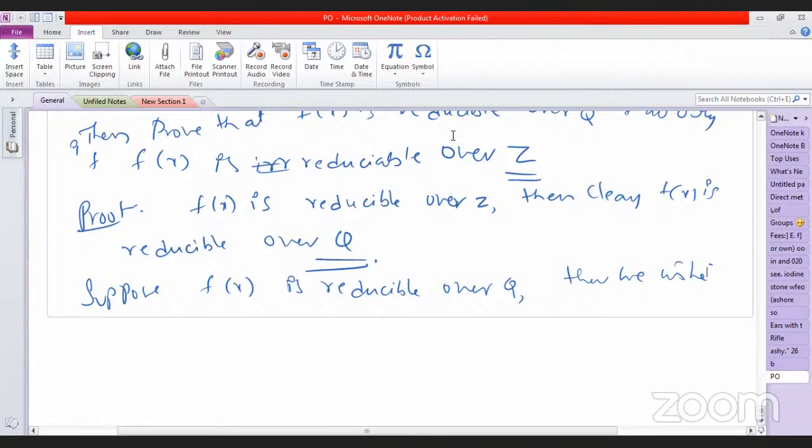Then f of x is reducible over Q, so we can write f of x is equal to g of x into h of x, where g of x and h of x are non-constant polynomials. What is the meaning of constant polynomials?